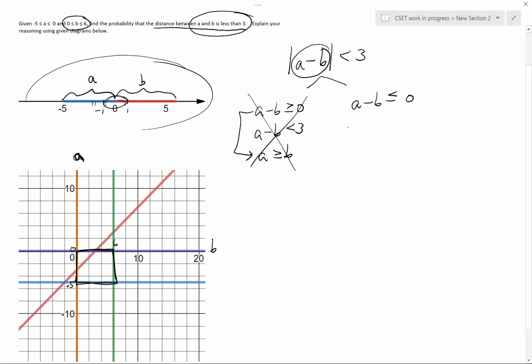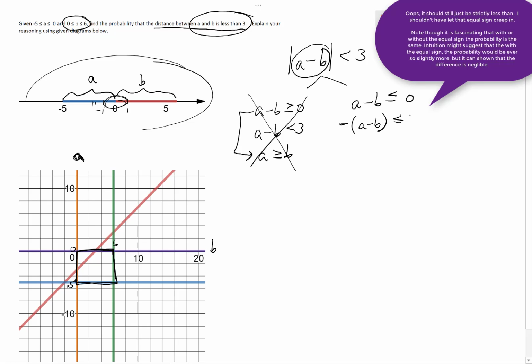And if that's the case, then we could deal with the absolute value by slapping a negative sign on it to make the negative positive, so negative (a minus b) is less than or equal to 3. And that's why you end up flipping the inequality sign, and we're dealing with this case here.